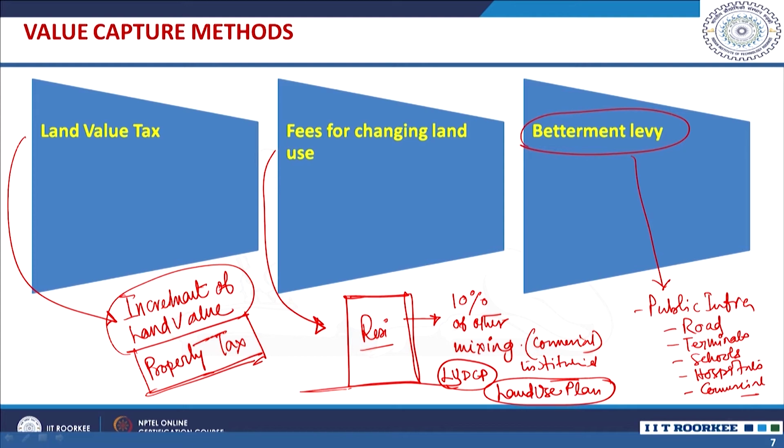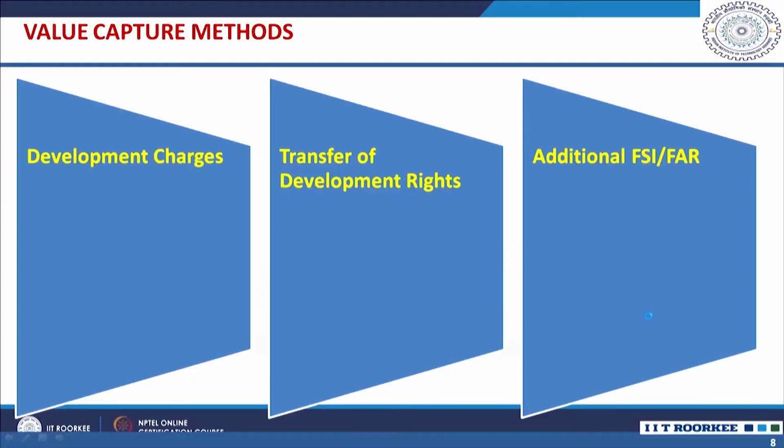Now, based on this construction of public infrastructure, the neighboring land gets the benefit of that location, and because of that the government can levy an amount from the surrounding plot owners as a betterment levy. So it is the share of the land value, or share of the value addition, due to some public infrastructure in a given area.